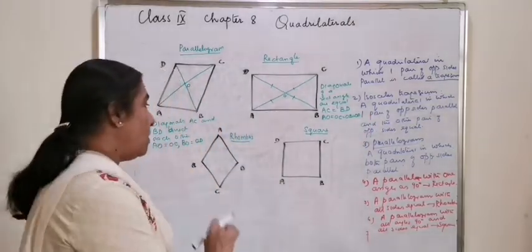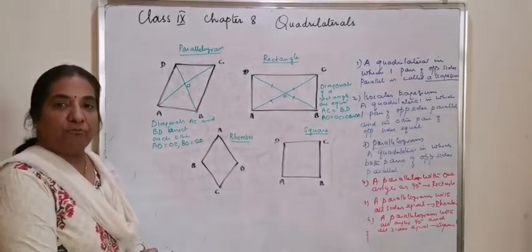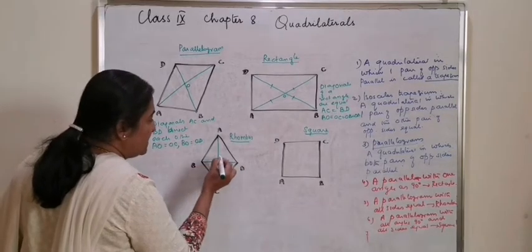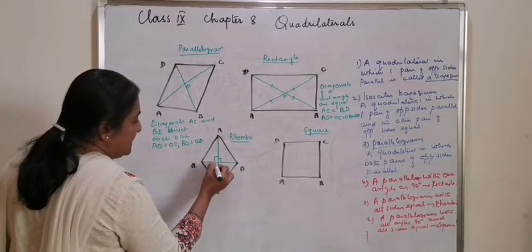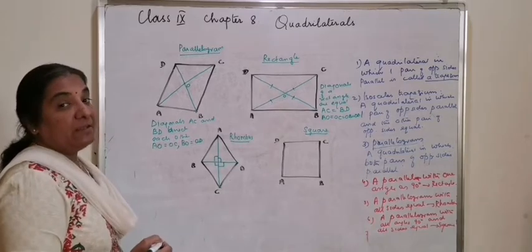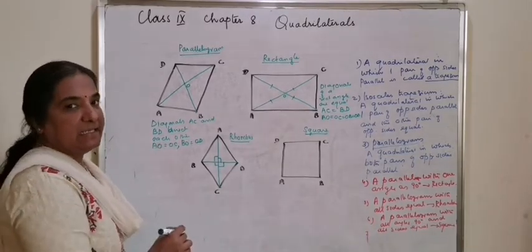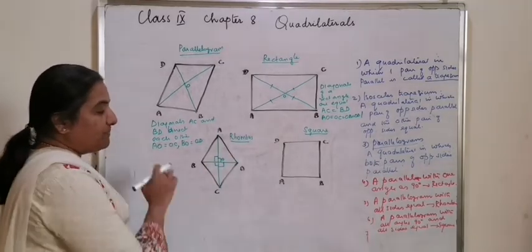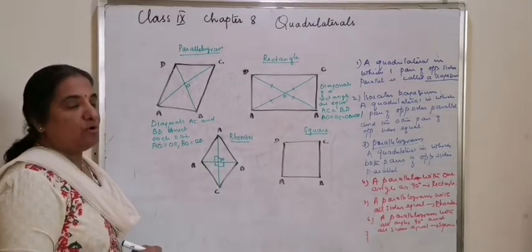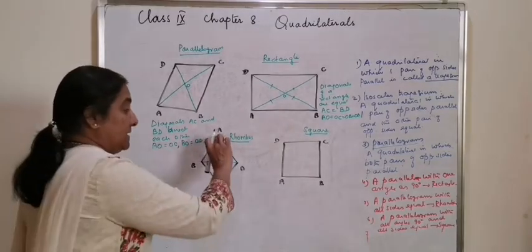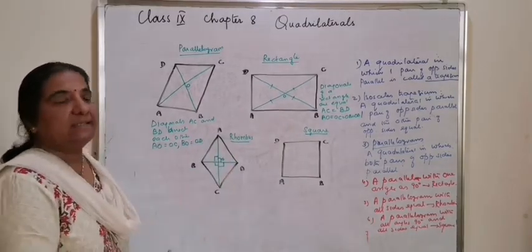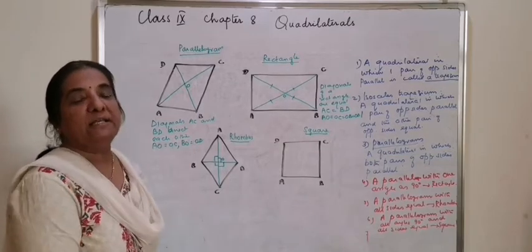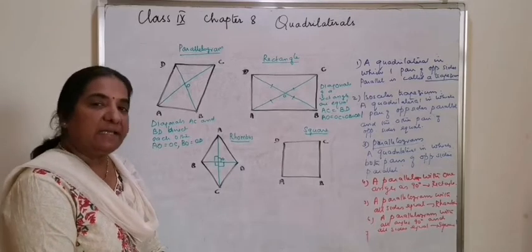And now, what is the speciality of the diagonals of a rhombus? The diagonals of a rhombus always bisect, and at the same time, they bisect at right angles. The angles formed, AOD, AOB, BOC and COD, will always be 90 degree. The diagonals may not be equal in length, AC and BD may not be equal, but the angle formed at the center is always 90 degree.